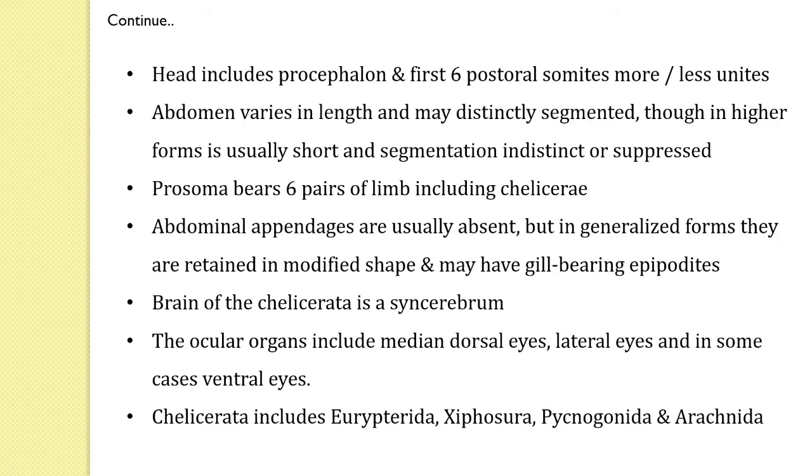The first includes the protocephalon and the first six post-oral somites, which are always more or less united. The abdomen varies in length and may be distinctly segmented, though in higher forms it is usually short and its segmentation is indistinct or sometimes suppressed.